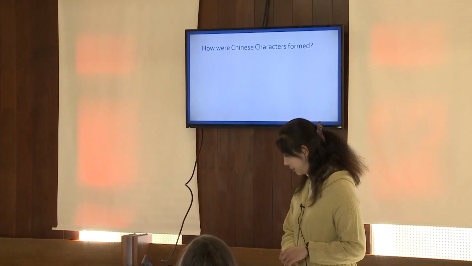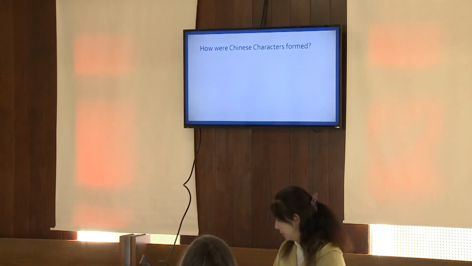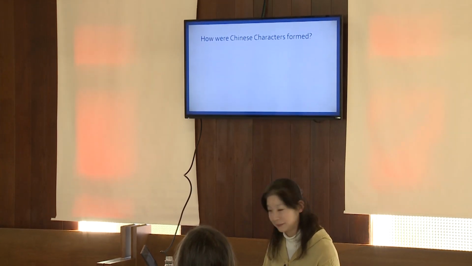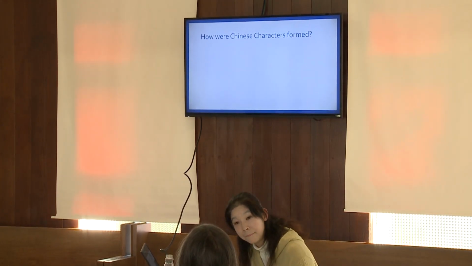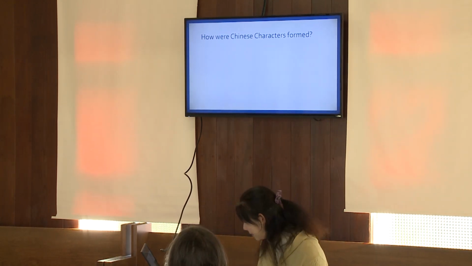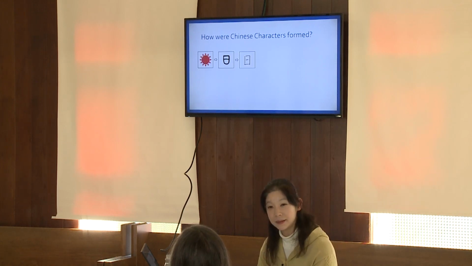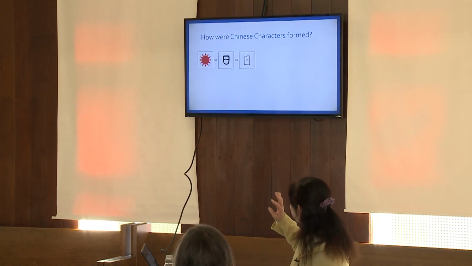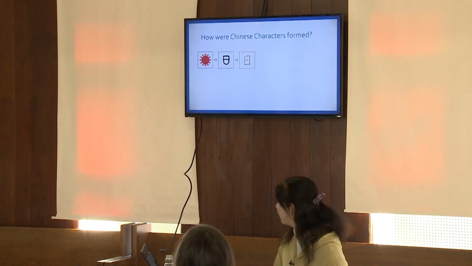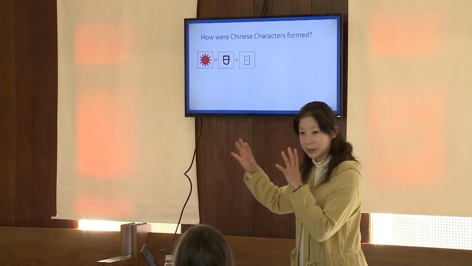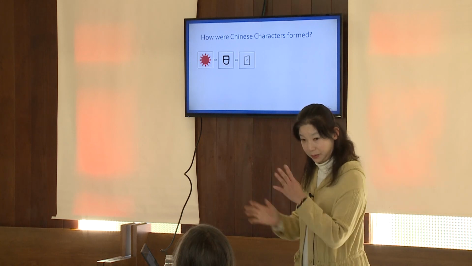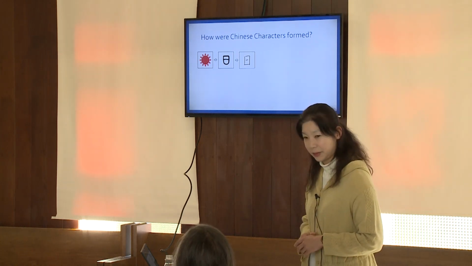And how were Chinese characters formed? Does anybody know? I think they started out as pictures of objects or actions. It's like this. The right-hand character is sun. It was the image of the sun and became something like the one in the middle, and then the character was formed.